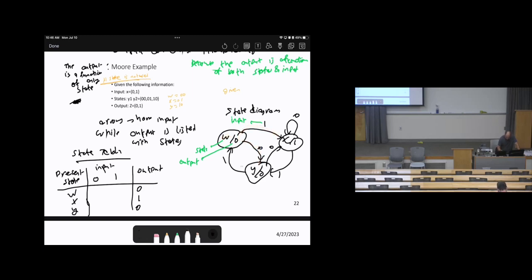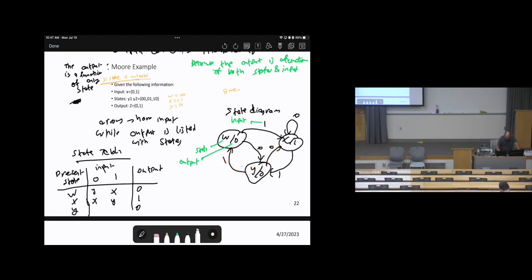If the input is 0, we will go to Y. If the input is 1, we will go to X. Then let's go to state X. In state X, if the input is 0, we will remain at X. If it is 1, we will go to Y. Now let's locate Y. Here is Y. If the input is 0, we will go to X. If it is 1, we will go to W.